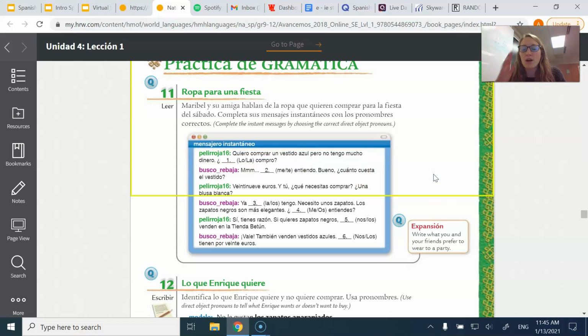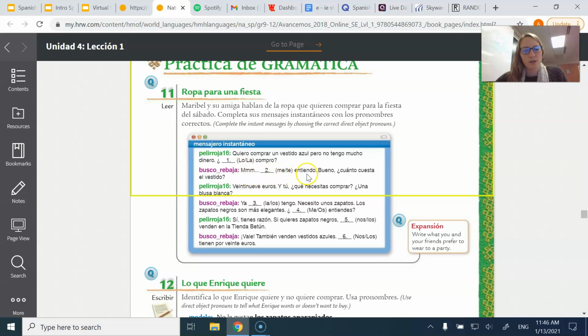Remember, our plural masculine would be unos, singular feminine una, plural feminine unas. So we're going to say lo compro because we're replacing un vestido azul. It'd be the same in English if I was saying, I want to buy a blue dress, but I don't have very much money. Should I buy it? Notice the it, okay? So the lo and la means it here. Lo compro. Número dos.